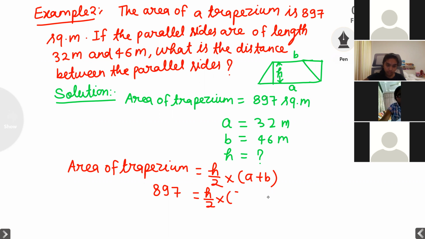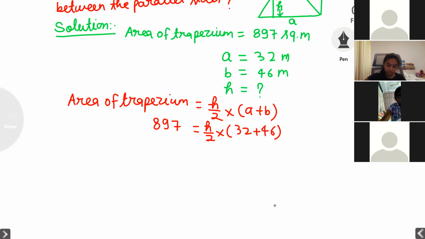The value of B is 46. Don't write shortcuts. Now 897 into 2 equals height into, we have to add 6 plus 2, 8, 4 plus 3, 7.